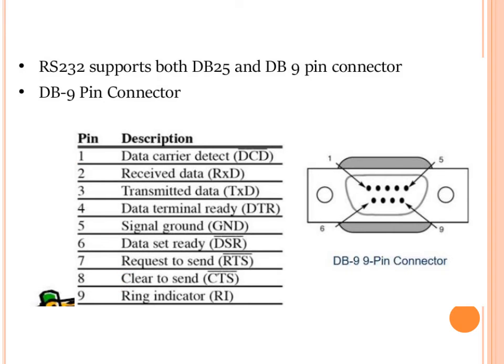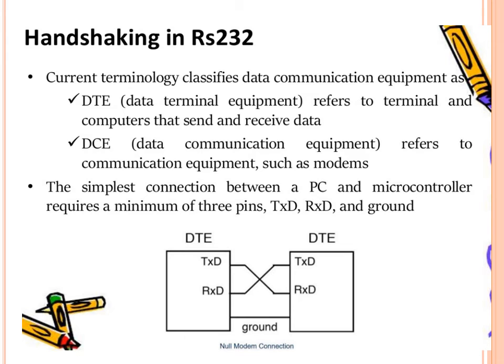Now we will see the function of each pin. First, handshaking in RS-232. The current terminology classifies data terminal equipment as DTE, which refers to terminals and computers that send and receive data. DCE is data communication equipment, which refers to communication equipment such as a modem.